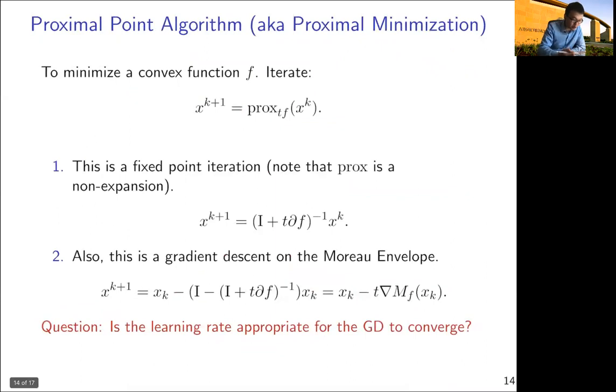From this point of view, we can make it clearer that the proximal point algorithm, which keeps iteratively applying the prox operator, can be thought of as a fixed point iteration in the operator theoretic sense, where you keep applying the same operator again and again.